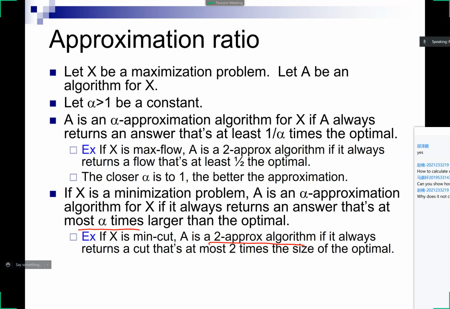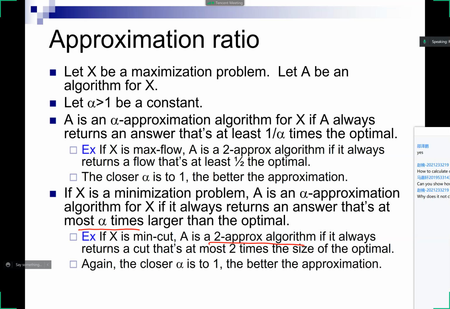And again, for minimization problems, you also want alpha to be small. If alpha is like 1.1, then this min cut algorithm, if it's a 1.1 approximation, will return a cut which is at most 10% larger than the optimal.